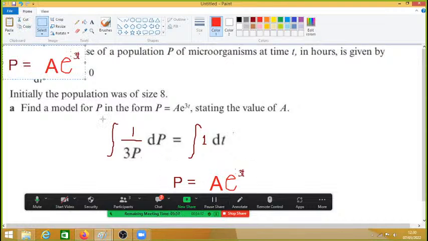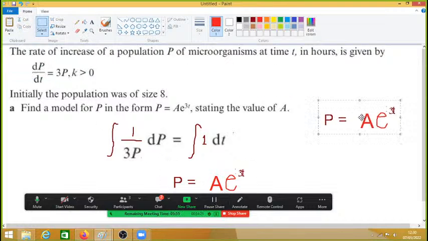If I can substitute in a P and a T, then I'd be able to get the A. The T is from the word initially. Initially means at the beginning, and the beginning means time is 0. So I know that T equals 0 can be substituted here.